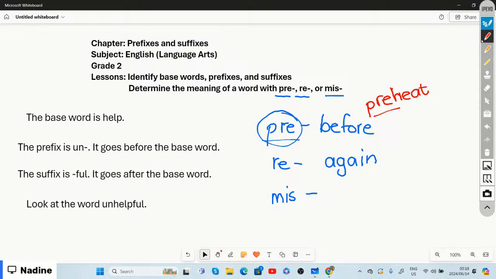right? Can you maybe think of a word with re? Think of the word with re. And yes, re means again. So let us think of a word with re. Something that happens again.